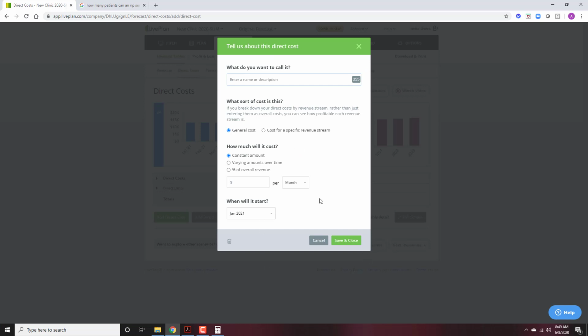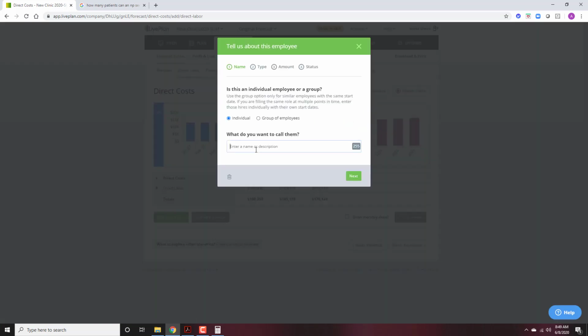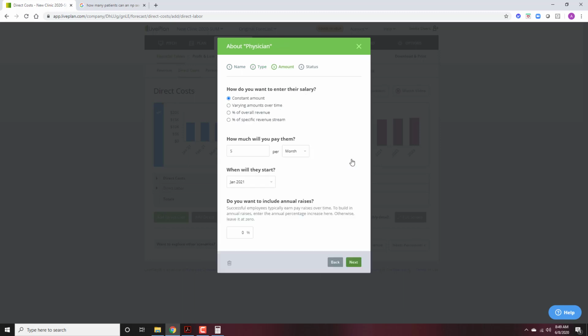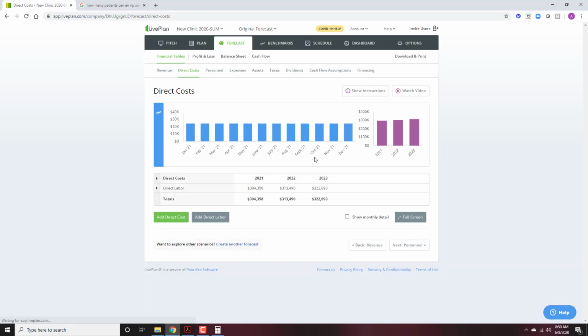So we're going to add this direct labor cost, physician, labor, and they're going to make 120 per year, and they'll get a 3% raise as well. So let's see what else we can do.